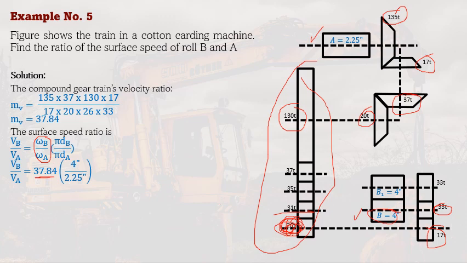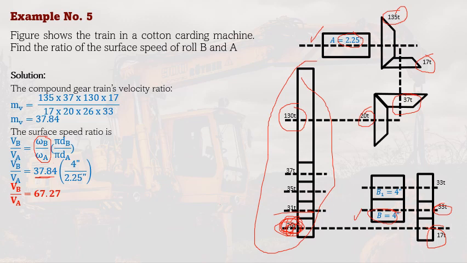So we have here 37.84. We can cancel out the pi, and then we substitute the diameter of roll B and roll A, as you can see here, 2.25 and 4. Solving, we get the surface speed ratio of roll B and A as 67.27. As you can see, the speed of roll B would be much larger than roll A because this is the ratio between their speeds.